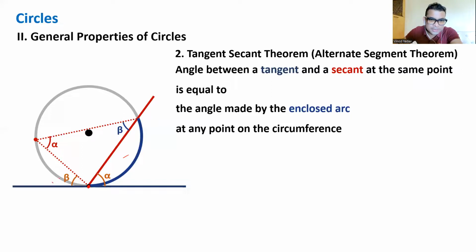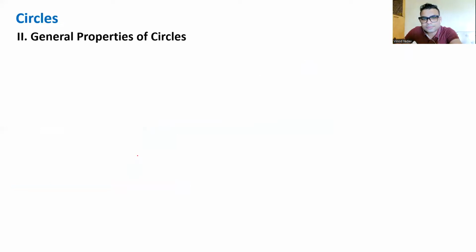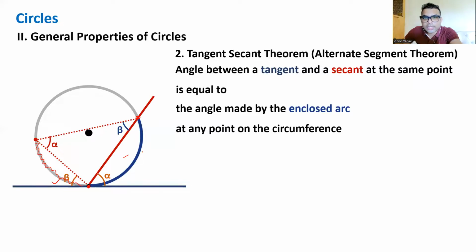Similarly, if this is beta, the enclosed arc is this, isn't it, friends? Which has an inscribed angle beta on the circumference. Okay. Tangent secant theorem, alternate segment theorem. This is it. Cool. Understood? Comfortable? Okay.